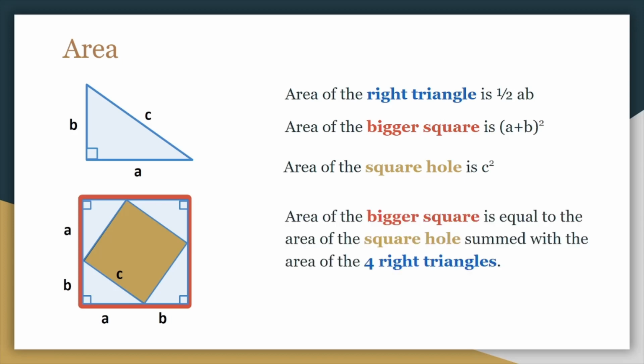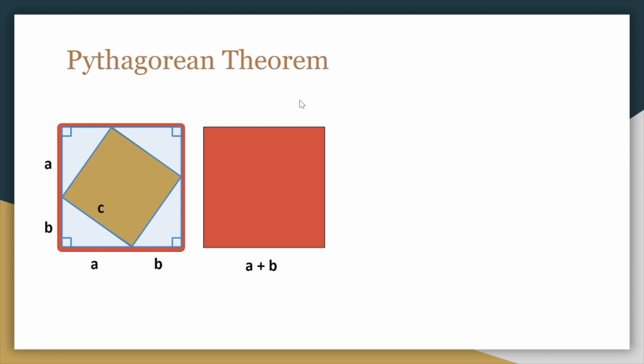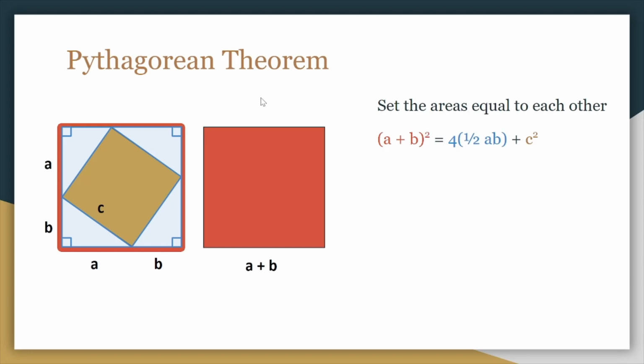We also know that the area of the bigger square, as shown by the red outline, is equal to the area of the square hole summed with the area of the 4 right triangles. Using this fact, we can set the area of the bigger square to the area of the 4 triangles and the area of the square hole equal to each other. Hence, we have that a plus b squared, which is the area of the bigger square, is equal to 4 times 1/2 ab, which is the area of the 4 triangles, plus c squared.